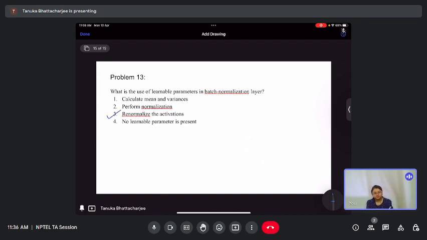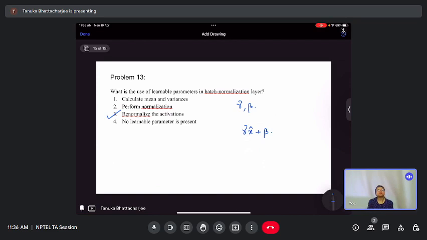The learnable parameters are gamma and beta, and you do a gamma x hat plus beta operation to renormalize the activations. After making it 0 mean unit standard deviation, you make it beta mean gamma square standard deviation, like that of a distribution. This actually helps in maintaining the class identity of different data samples.